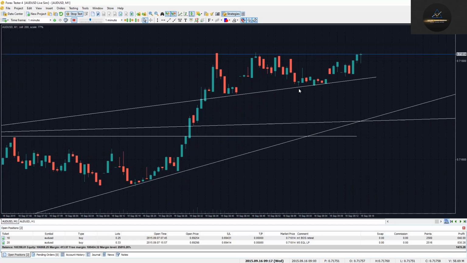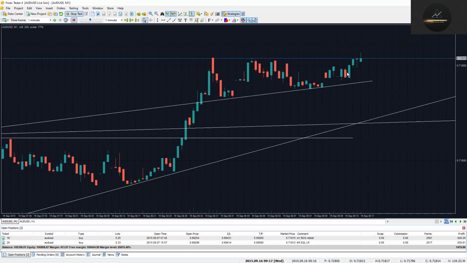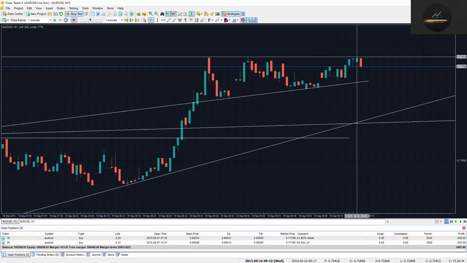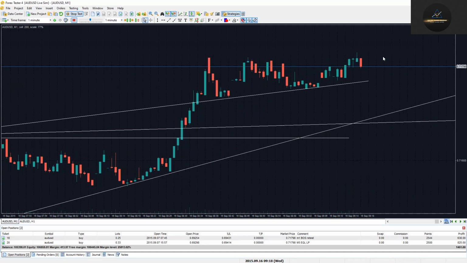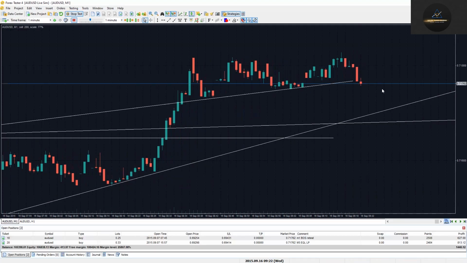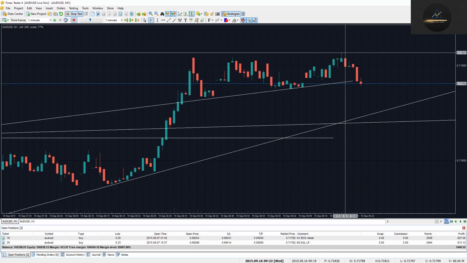So we've got... it looks like a distribution pattern happening. There's your UTAD or your upthrust. So now we need that sign of weakness. Here we go. So there's your breaker structure, because that was the high.